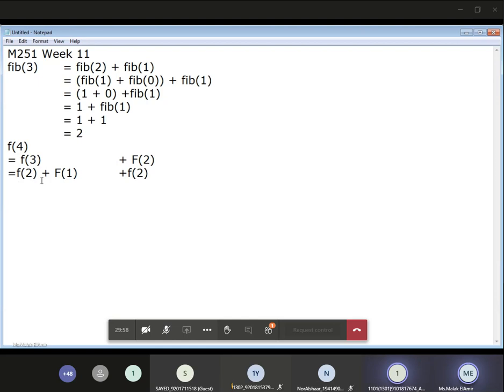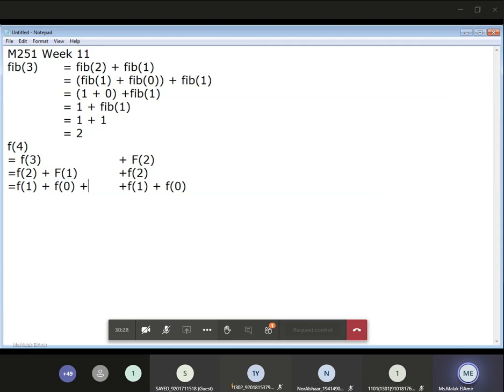Fibonacci of 2 will be Fibonacci of 1 and 0. Bravo. Fibonacci of 1 plus Fibonacci of 0, plus what is Fibonacci of 2? It will be again Fibonacci of 1 plus Fibonacci of 0. Right? What about Fibonacci of 1 here?